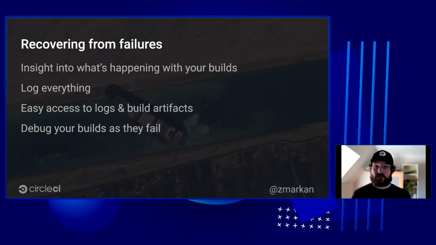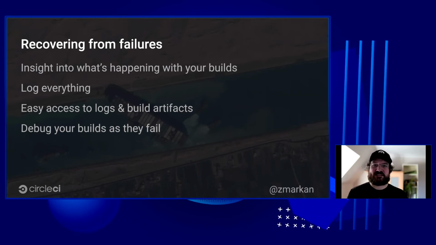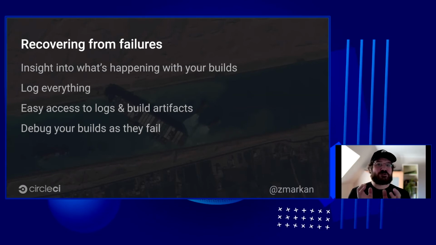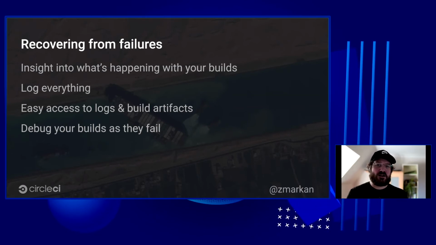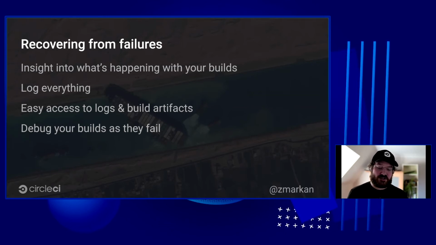So yes, recovering from failures, another thing we need to deal with as quickly as possible, probably the most urgently. First is understand how you can get information from your build. So understand which part of the build is failing. Obviously, that's a single job that might be failing on tests or scripts or whatnot.